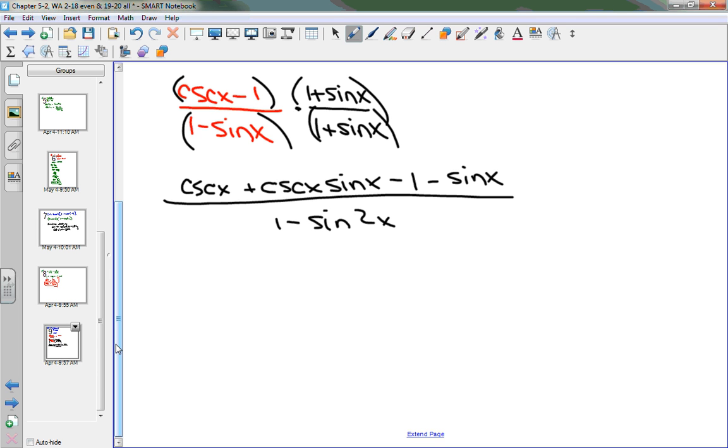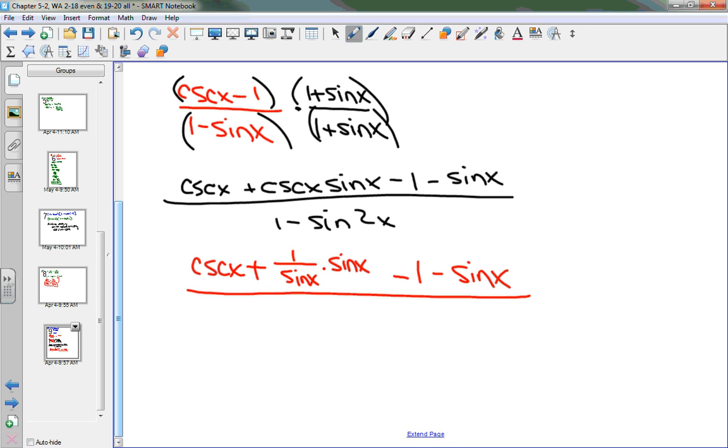Okay, now, what does cosecant and sine turn into? Cosecant is 1 over sine, but I'm multiplying it by sine. All I did was substitute in what cosecant is in that particular place. Why 1?